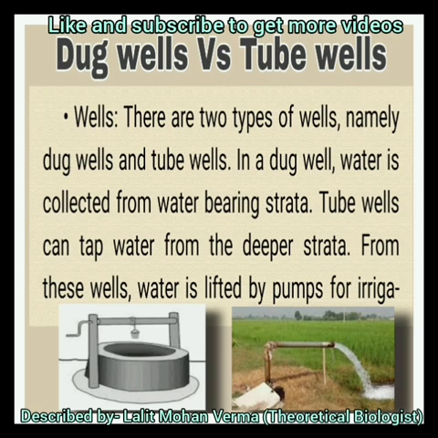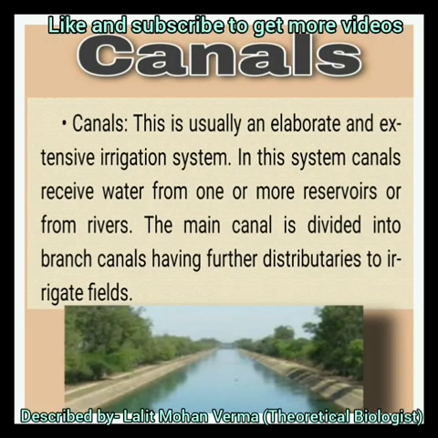While in tube wells, iron pipes are inserted deep in the ground through boring. The water through these pipes is lifted by diesel or electricity operated pumps. These tube wells continuously supply water depending upon the need.